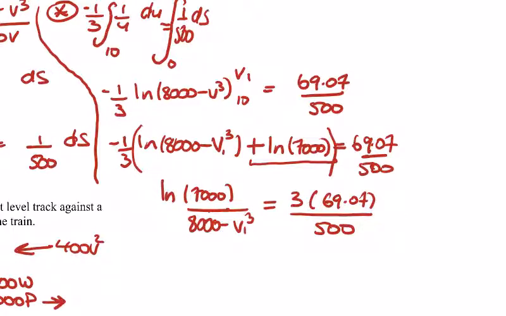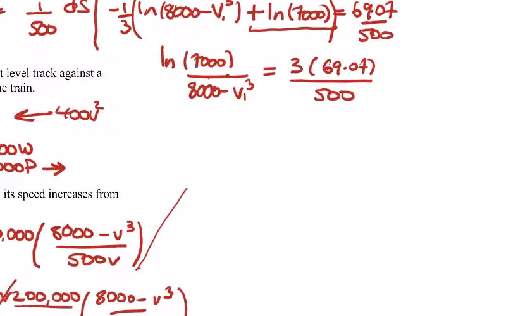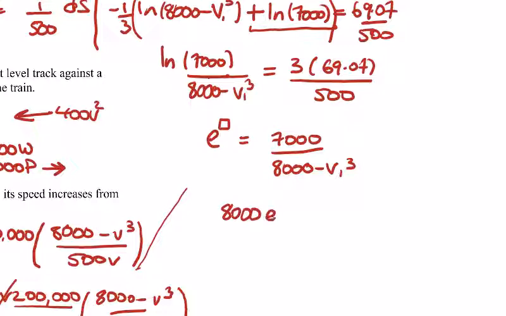So e to the power of the right-hand side is equal to 7,000 over 8,000 minus V1 cubed. So 8,000 e to the power of the right-hand side minus e to the power of the right-hand side times V1 cubed is equal to 7,000.